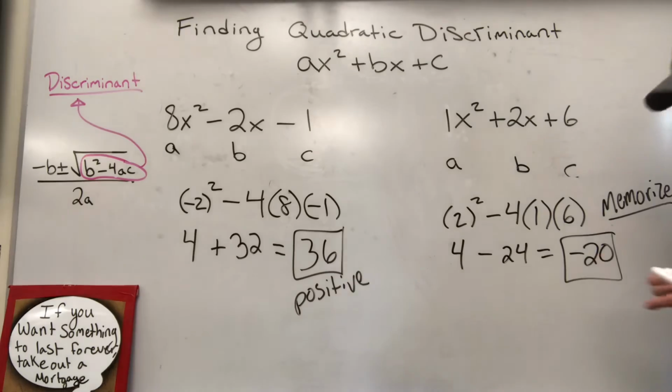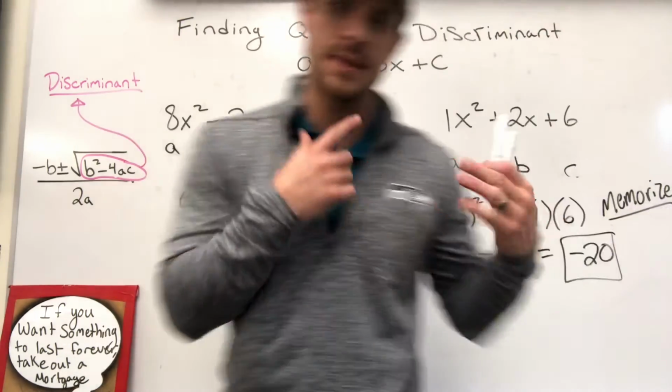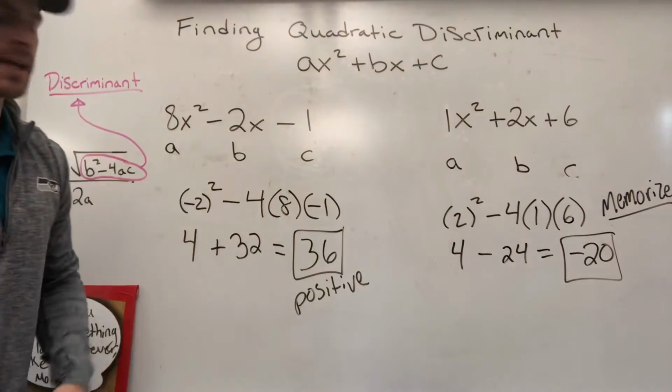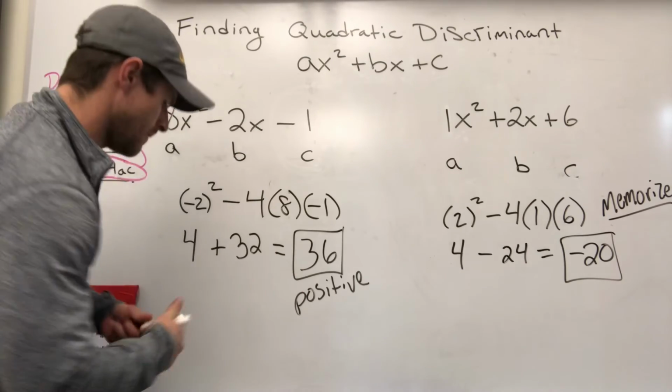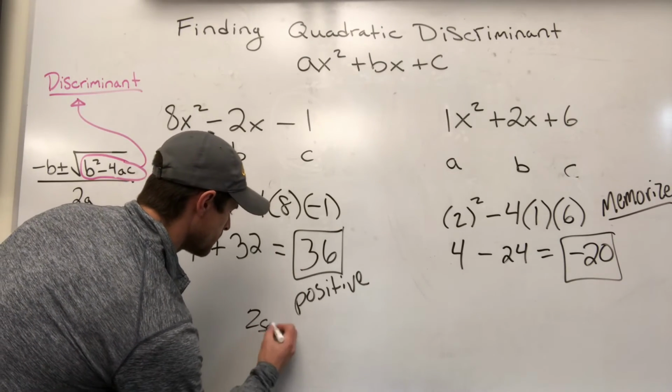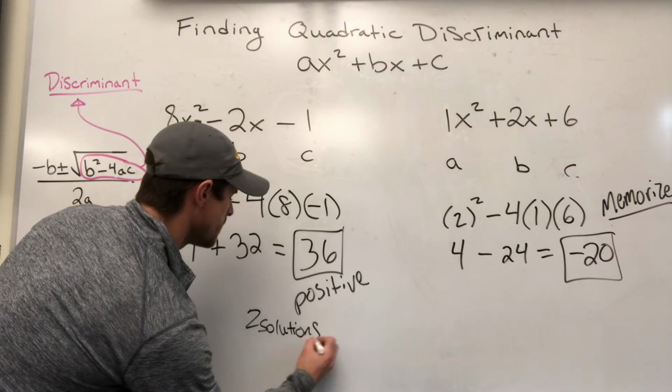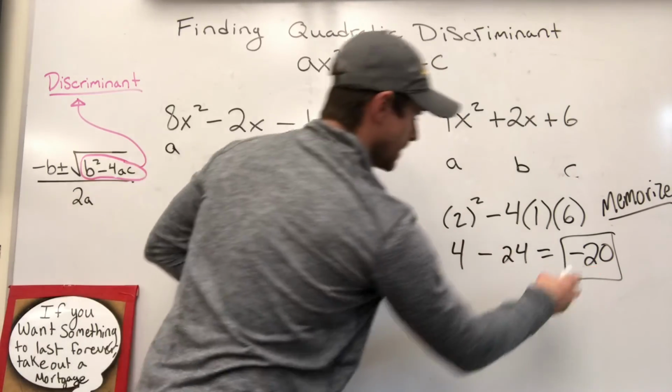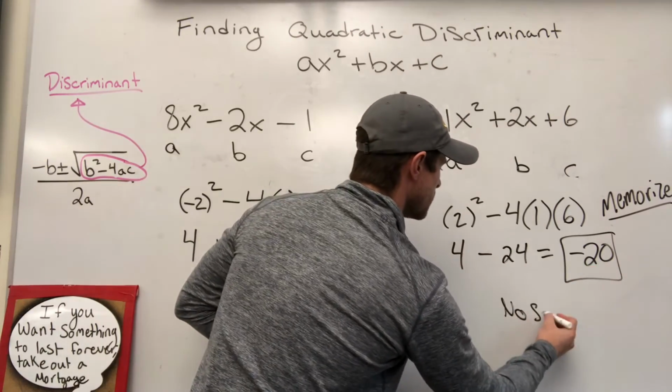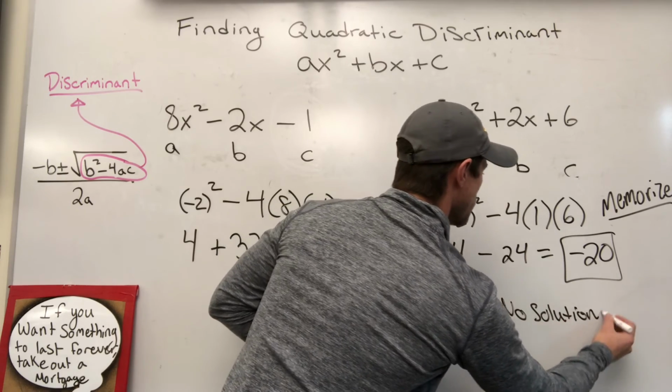So my final result here is negative 20. My discriminant in this case is a negative. And what I just told you is if it's a positive, you're going to have 2 solutions or 2 roots. But in this case over here, it's a negative, meaning you will have no solutions or no roots.